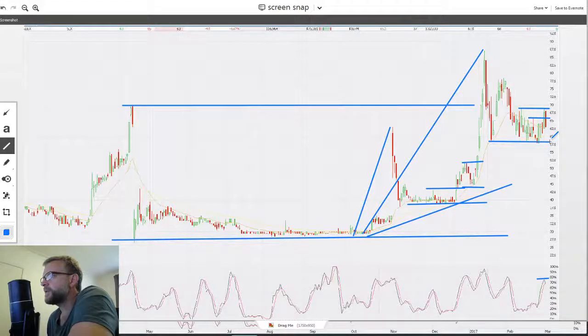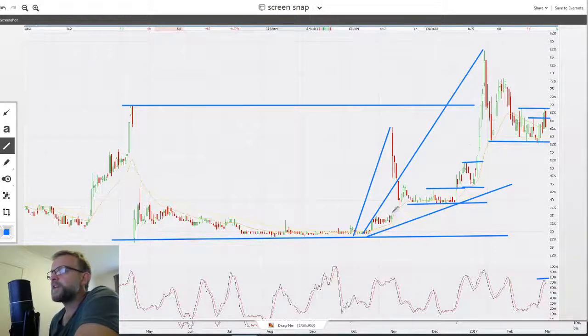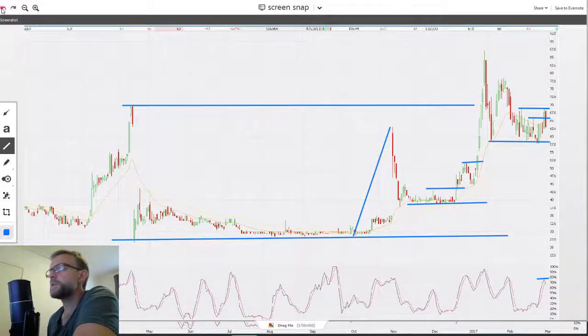If that's for somewhere around 50, it takes it to $1.10. There's going to be some nice juice in this one if that's the leg up we're looking for. But I still just want to see some more price action. We're holding a low here. I'll just get rid of all this rubbish now.